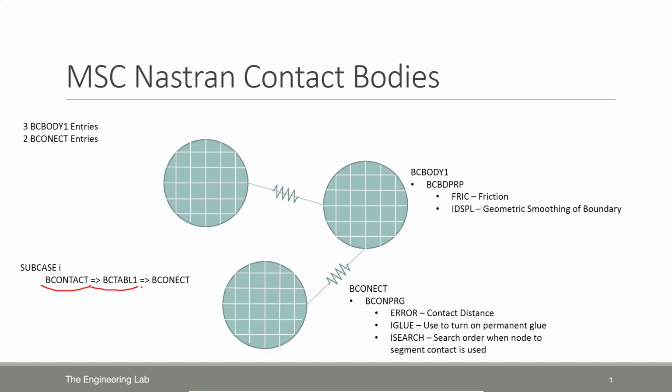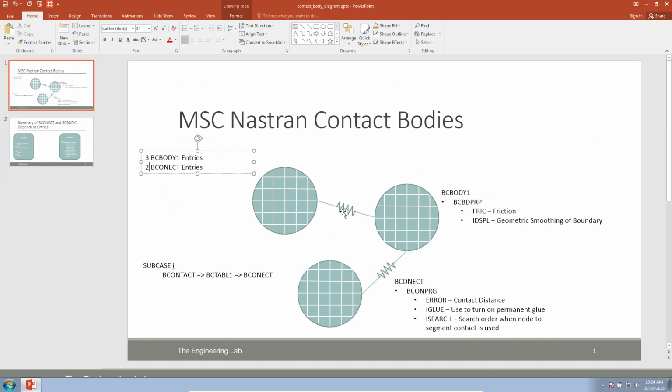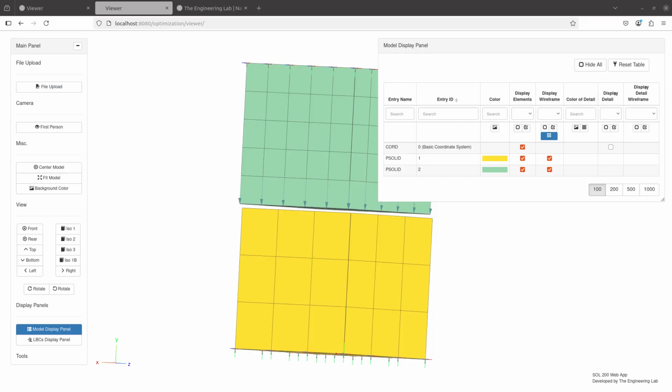That BCTABLE entry is going to contain all of the contact pairs. So here in this example, if it was this diagram here, you have two BCONNECT entries that are used by this BCTABLE 1 entry, and then the BCONTACT entry points to that BCTABLE. So all of this is an overview, and now let's go ahead and actually define all of this for the cube.